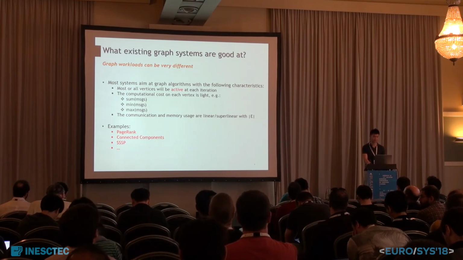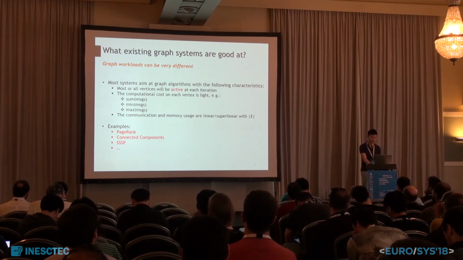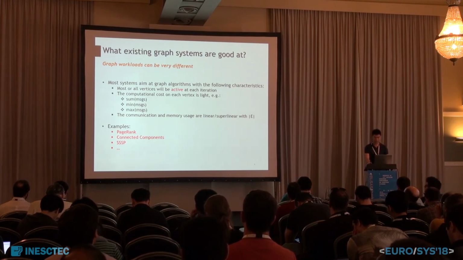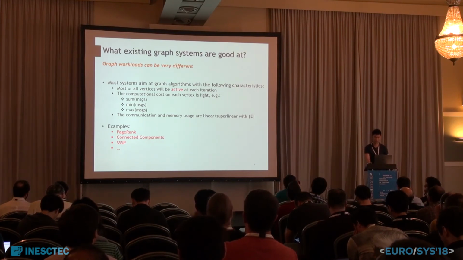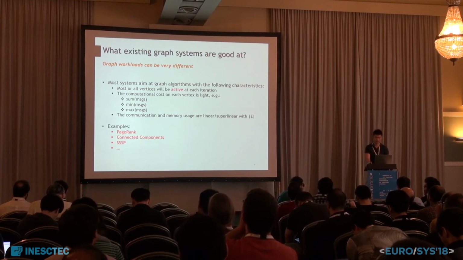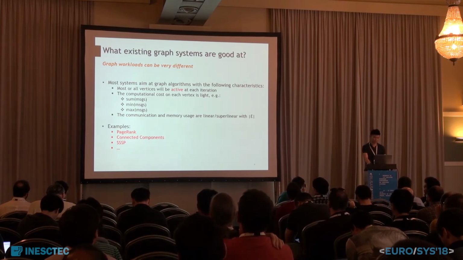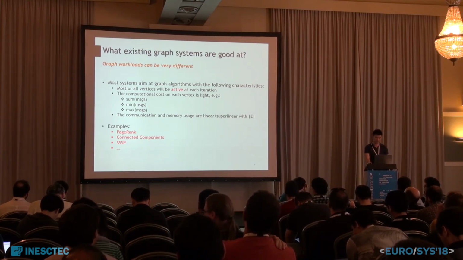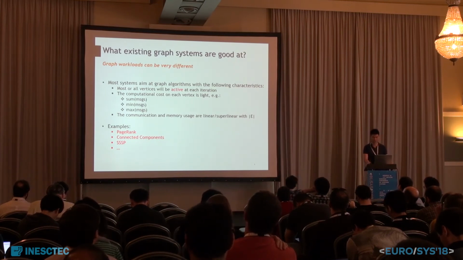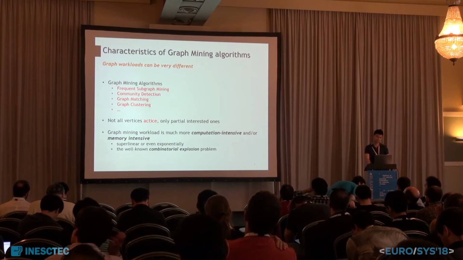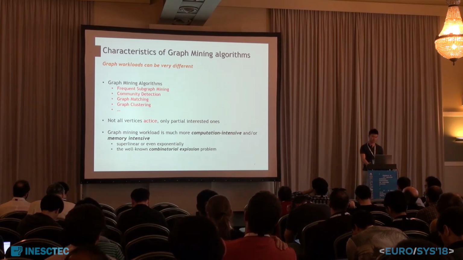For example, you just need to calculate the sum, minimum, or max of the incoming messages. The communication and memory usage are linear or superlinear in the size of the edges of the graph. For example, PageRank, connected components, and SSSP are typical algorithms with these features. However, graph mining has totally different features.